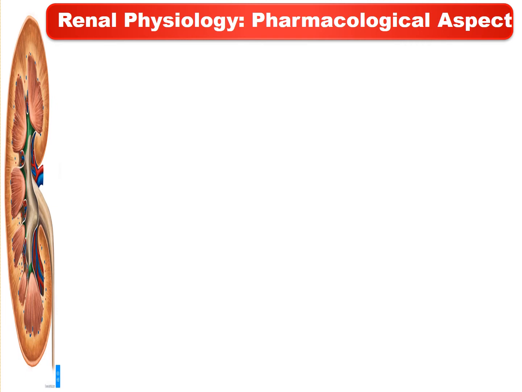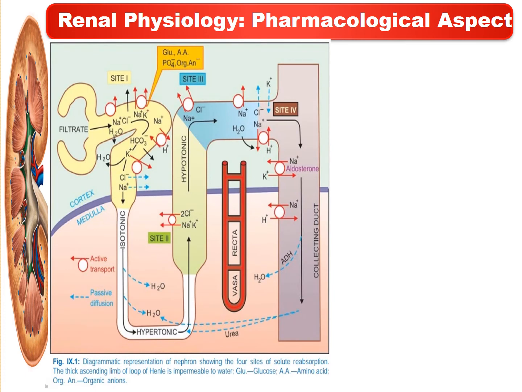Then, after the discussion of site 1, the proximal tubule, and site 2, the ascending limb of the loop of Henle, let us discuss site 3 and site 4. This one is site 3.